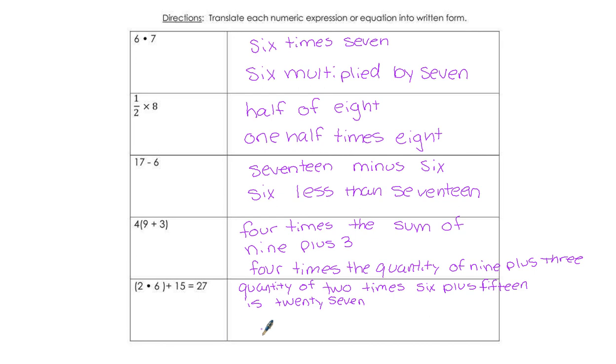Or the product of 2 times 6 increased by 15 equals 27.